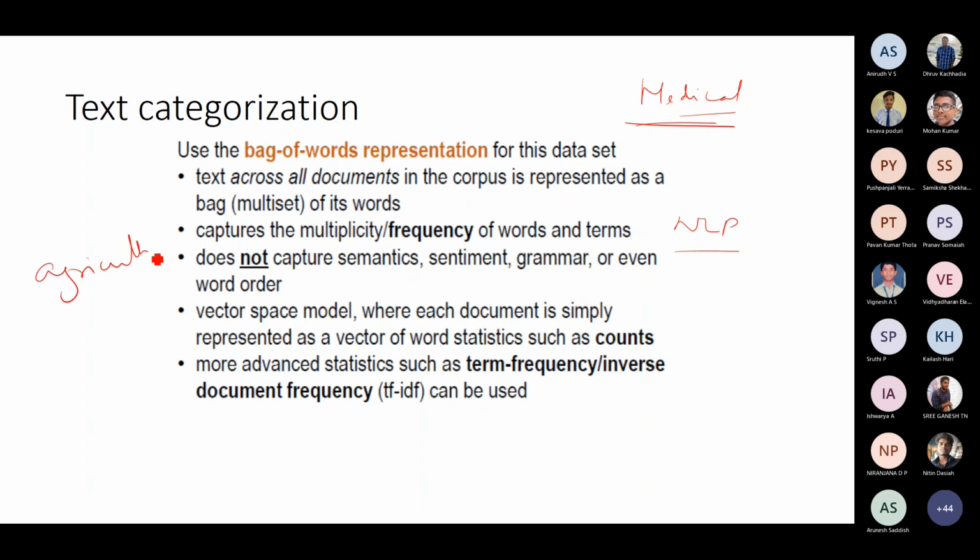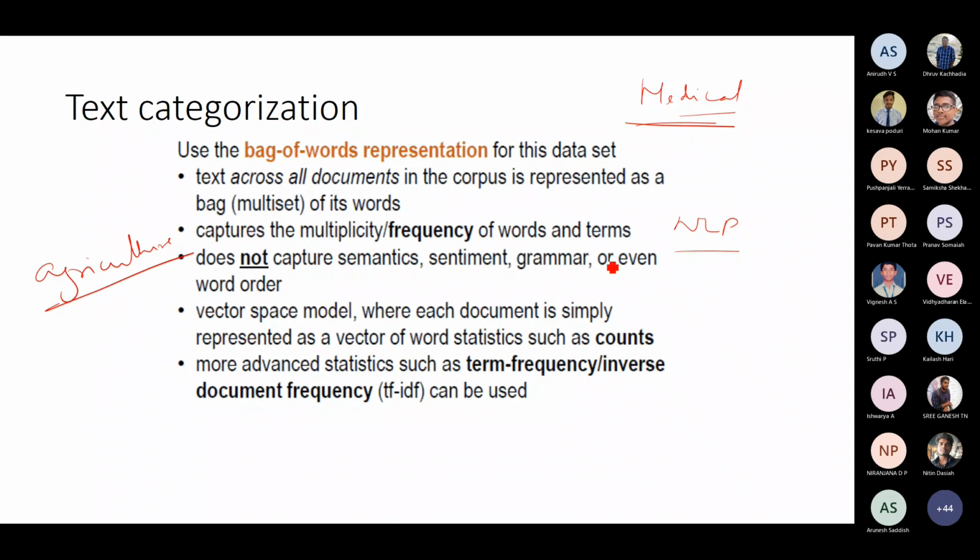We have done some work on agriculture, like a crop recommendation system, where a huge corpus of text was used as a basis for classification. So agriculture is one domain which is definitely trying to use support vector machines to a greater extent.